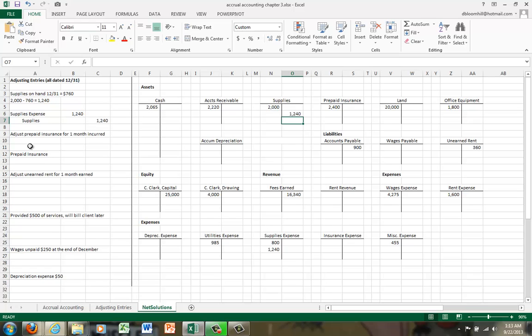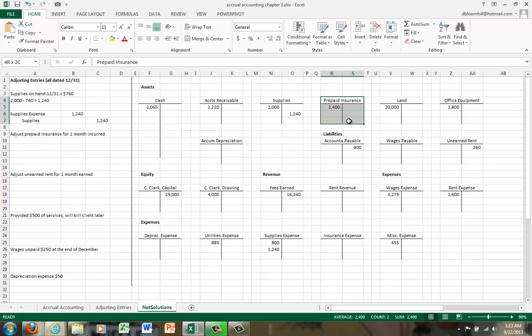Now we're going to adjust our prepaid insurance for 1 month of prepaid insurance that's been incurred. So the first thing we have to do is calculate the amount of prepaid insurance that has now been incurred. So we go to the account.